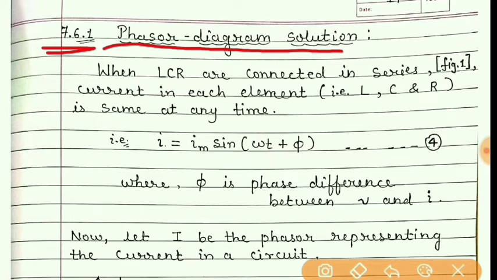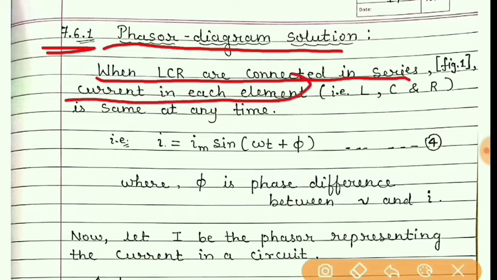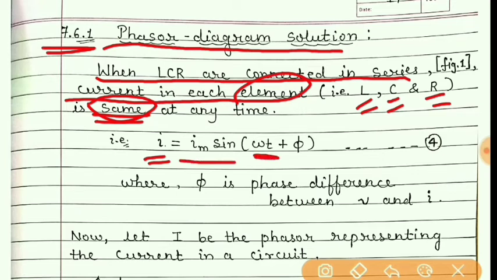Now students, when L, C and R are connected in series, the current in each component will remain the same because they are connected in series. So that current can be given by i is equal to Im sin (omega t plus phi).